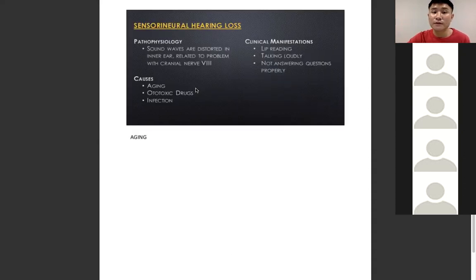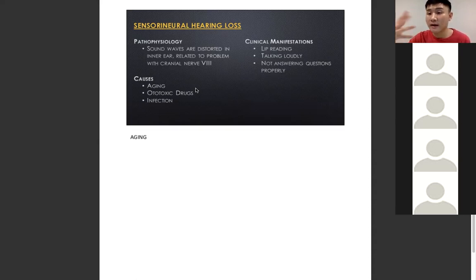Next, we move on to sensorineural hearing loss. This is when sound waves are distorted in the inner ear, related to a problem with cranial nerve 8, the acoustic nerve. It is caused by aging, ototoxic drugs, and infections. Clinical manifestations are lip reading, because they can't hear you so they try to read your lips when you talk.